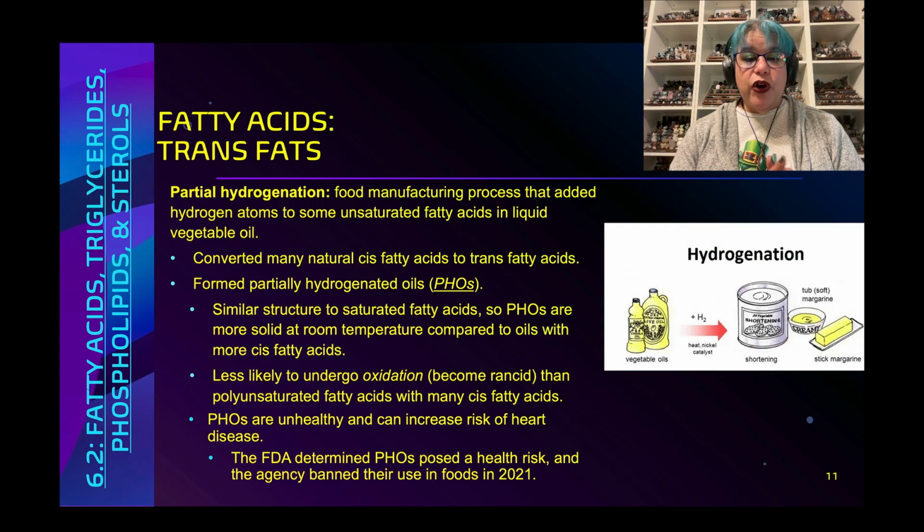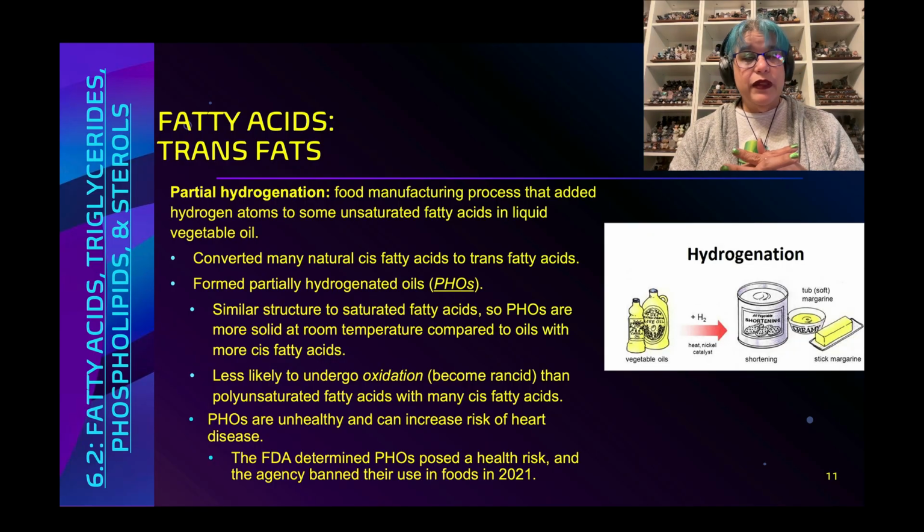So PHOs are unhealthy and can increase the risk of heart disease, like I said before. Everybody and their mother started using these trans fats in their products so that their products had longer shelf lives. And they could leave them on the shelves longer, make less product, but it still sold. It didn't go bad. So for a while, it was all the rage to have trans fats in your diet.